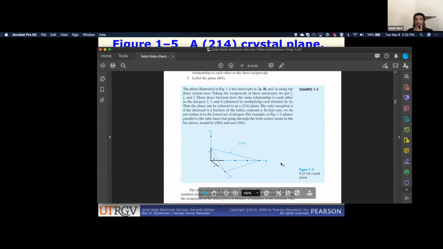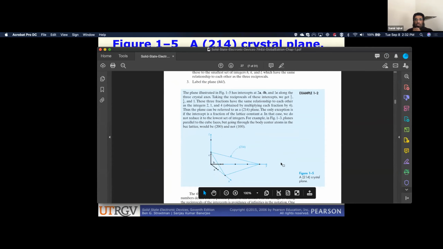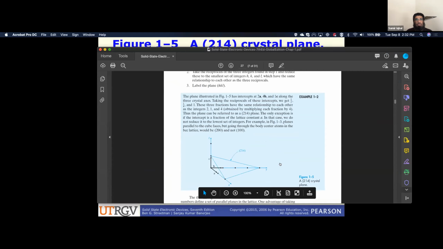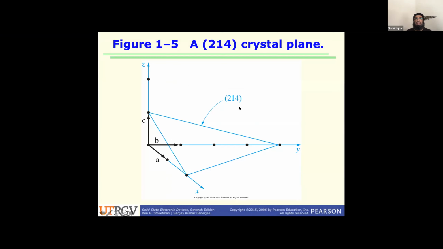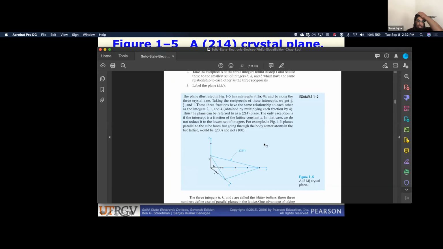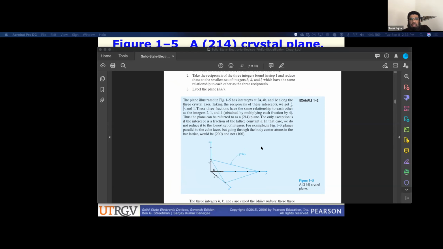Do you have it up? It's figure 1-5, example 1-2. Have it up? Let me share my screen so I can share it with you. That's much easier.